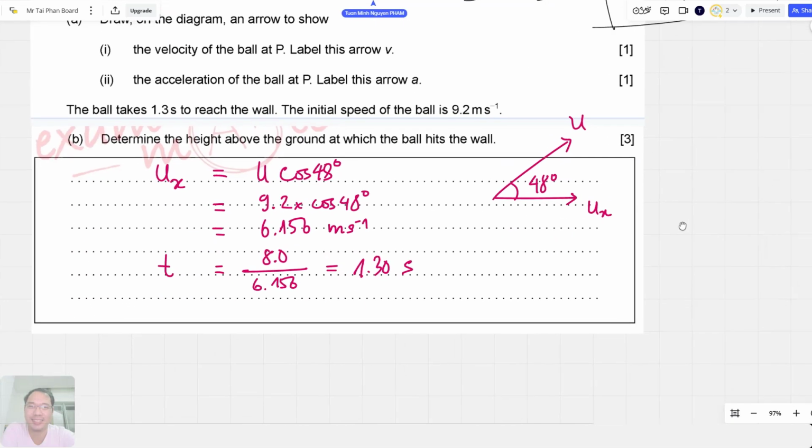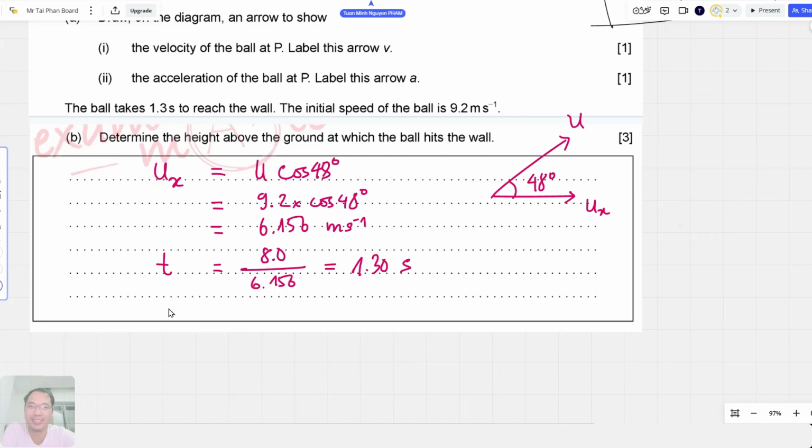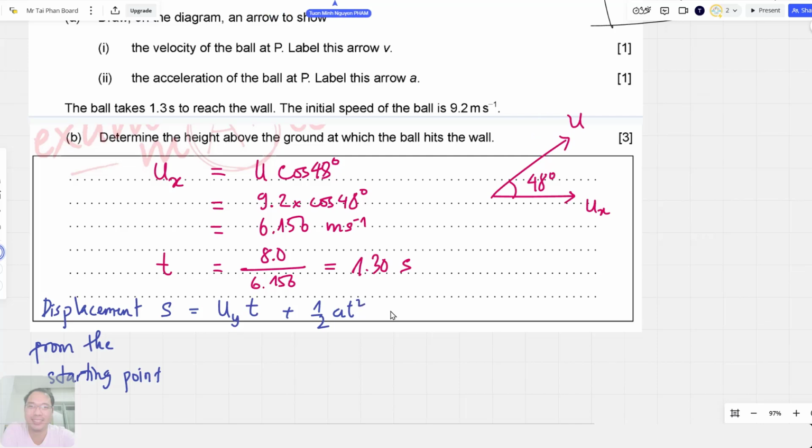Okay, so now calculate that displacement. Let's call it y, or just use the letter s. We can write one word to indicate what it means, displacement from starting point. Yes, the starting point. That s is uy multiplied by this time plus 1/2 at squared.